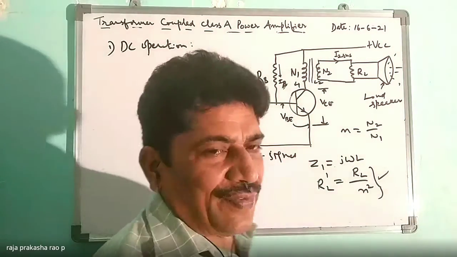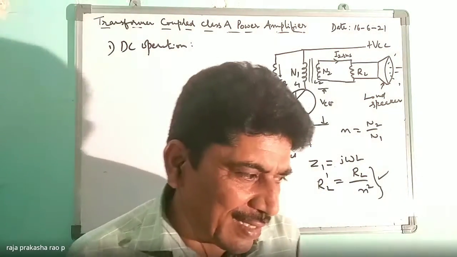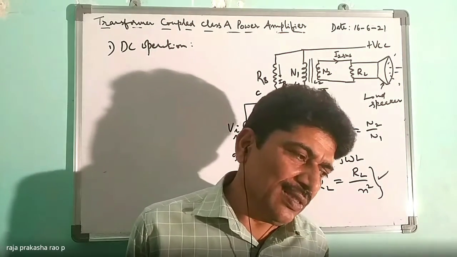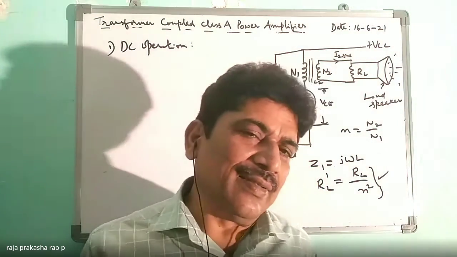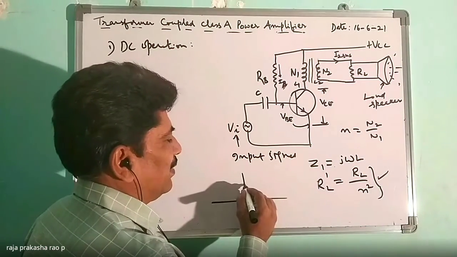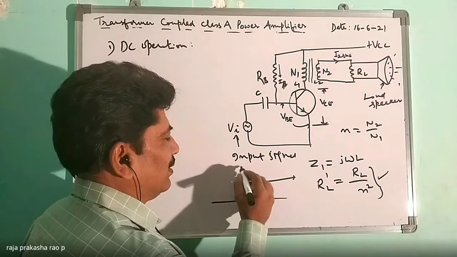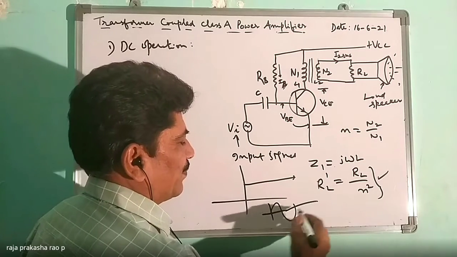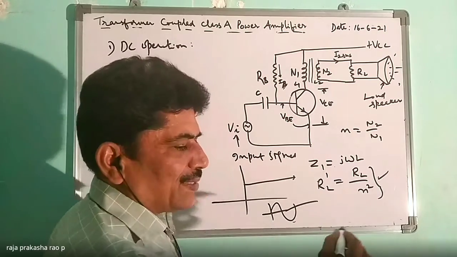What is the frequency of the DC current? Frequency means number of cycles per second.